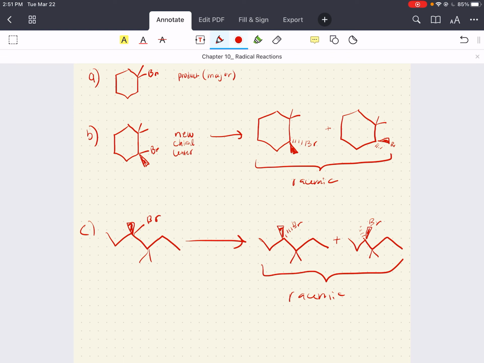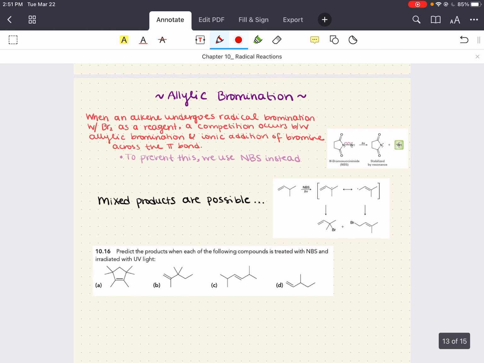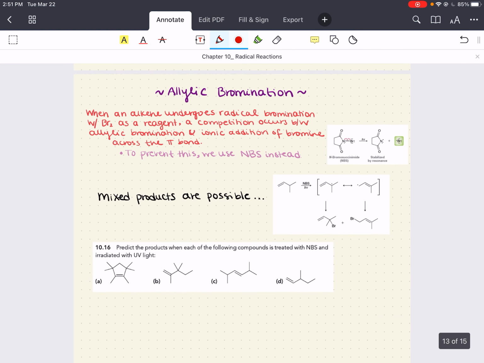Fantastic. Now, all the examples we've done so far and talked about in regards to radical halogenation can actually occur with alkenes as well. They're not specific to alkanes. Now, when an alkene undergoes radical halogenation, say bromination with Br2 as a reagent, a competition occurs between allylic bromination and ionic addition of bromine across the pi bond.